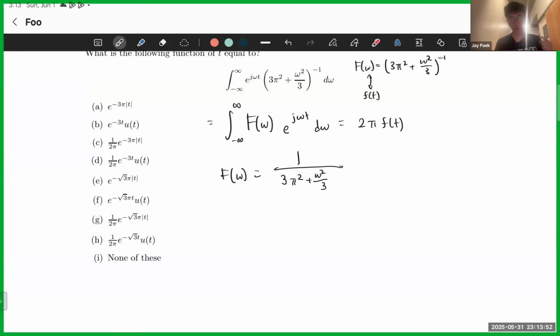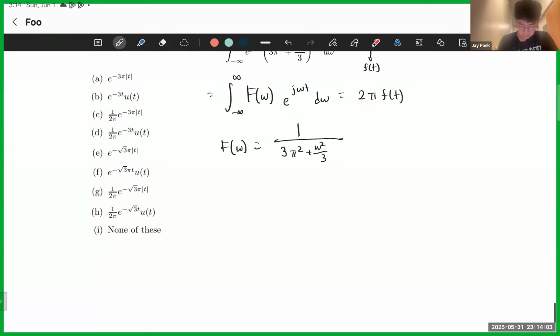And I will invoke something very small that Professor Ziegler said: partial fraction decomposition is very powerful. So let's actually check it out.